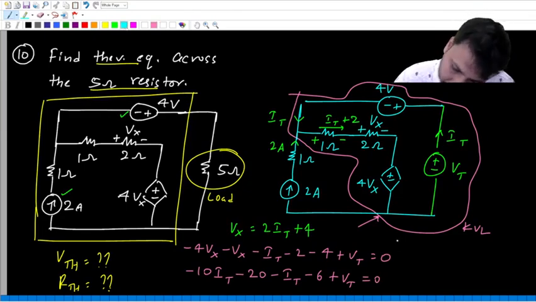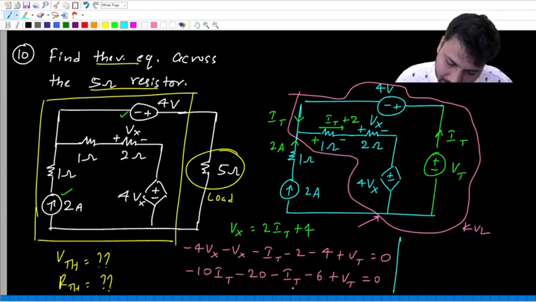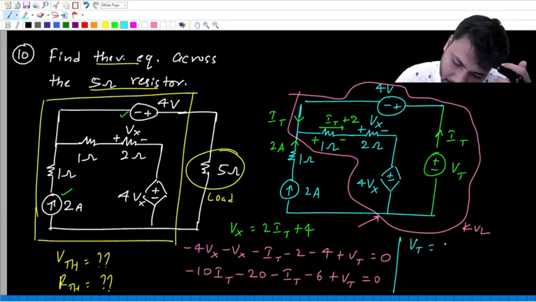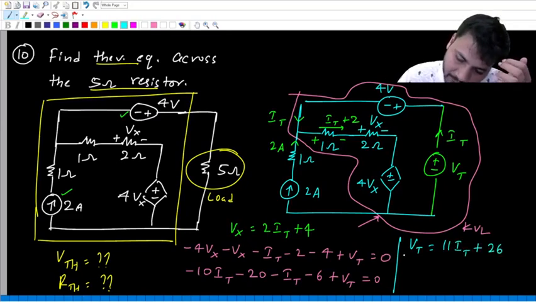Yes. And then finally we get minus 10 IT minus 5 Vx, this is correct. So minus 10 minus 1 is minus 11. So I am getting Vt equal to 11 IT plus 26.